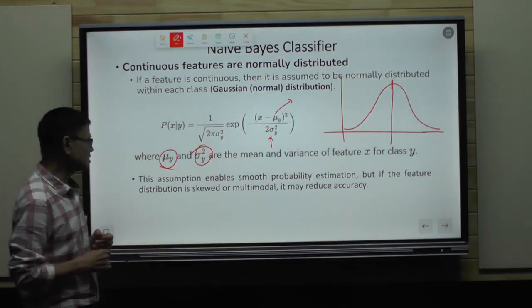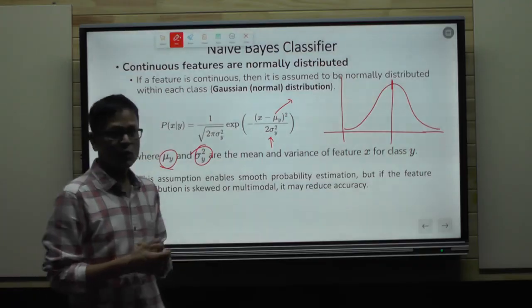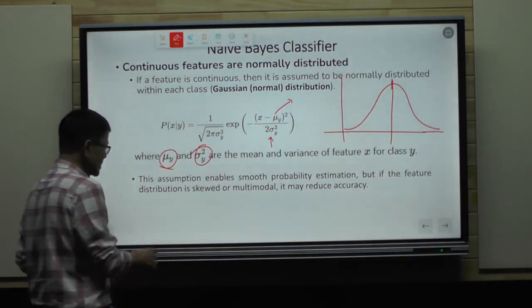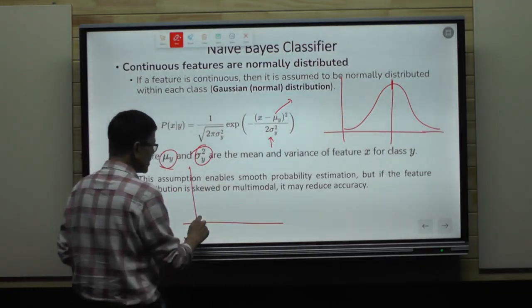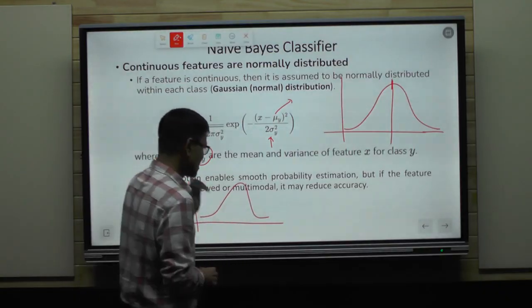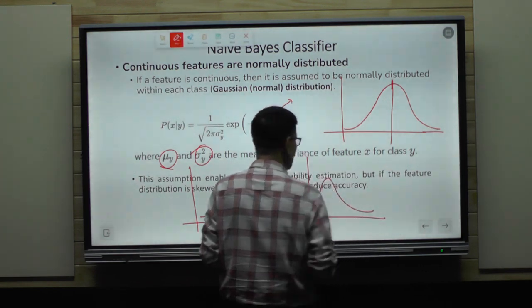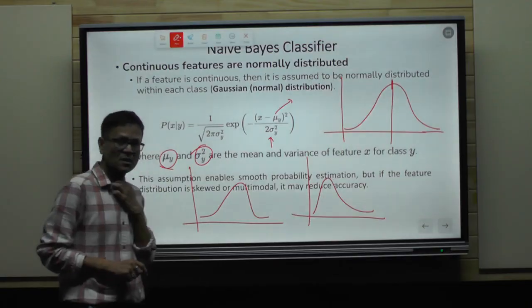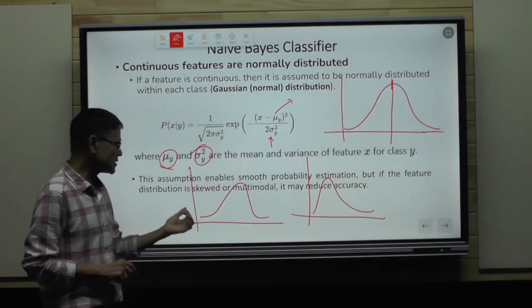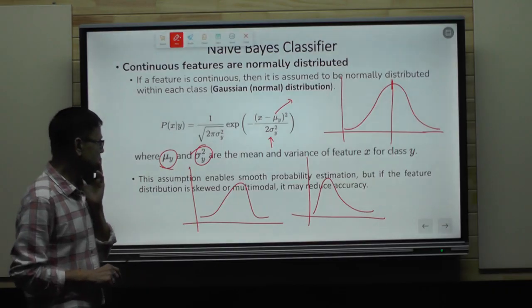But if the feature distribution is skewed or multimodal, it may reduce the accuracy. How can this graph be skewed? For example, this is a left skewed and a right skewed distribution.